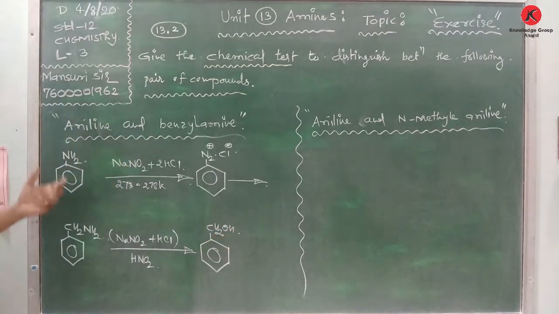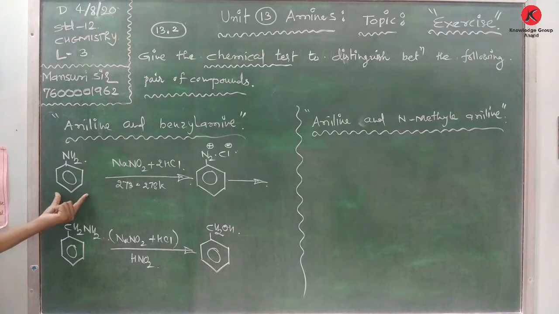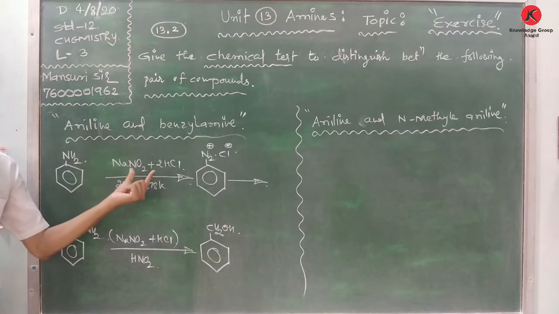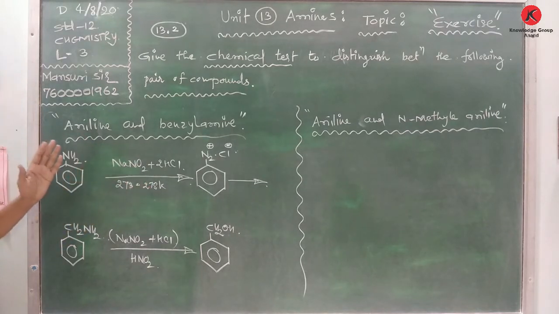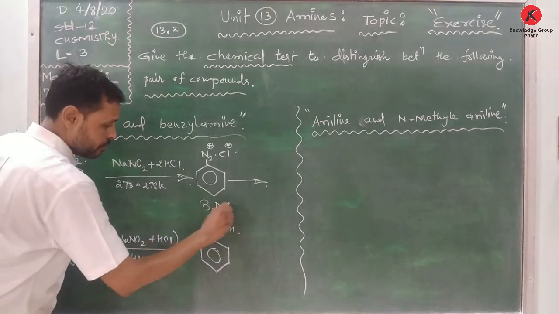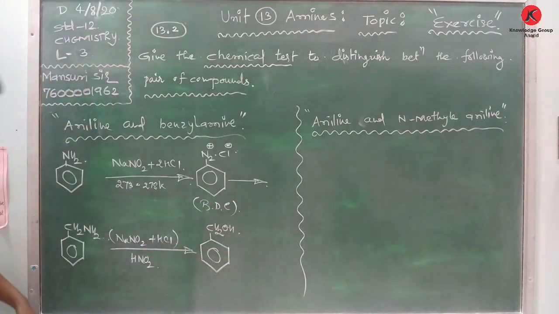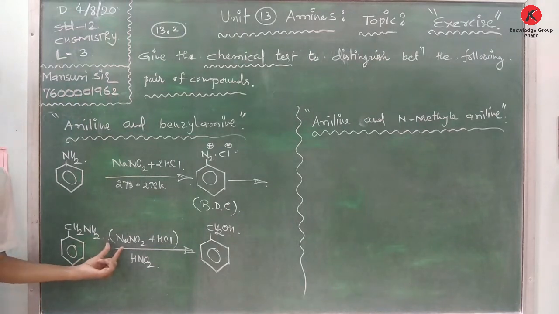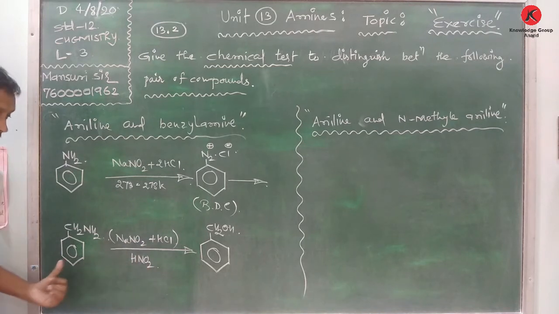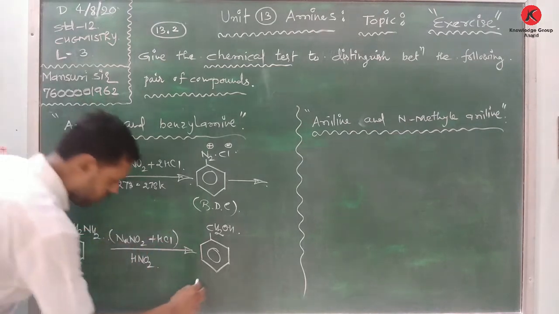So we can say that when aniline reacts with NaNO2 plus 2HCl, that means diazotization is completed, then benzene diazonium chloride is formed. But when benzylamine reacts with NaNO2 plus HCl, that means with nitrous acid, it forms benzyl alcohol.